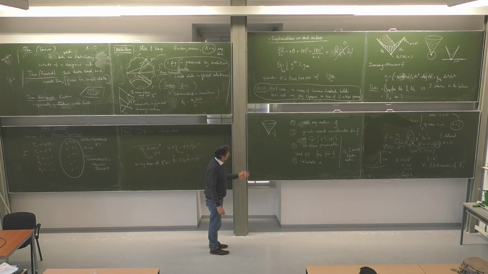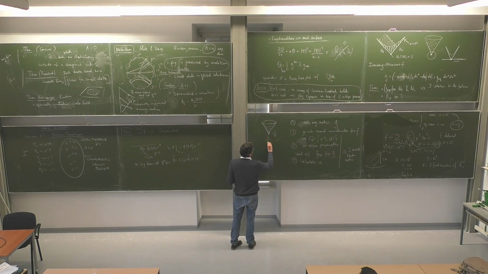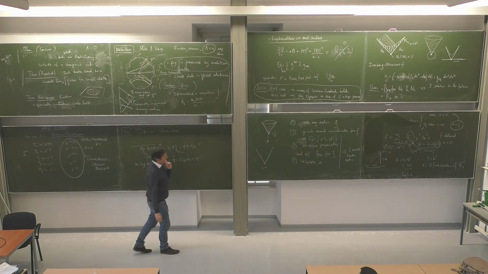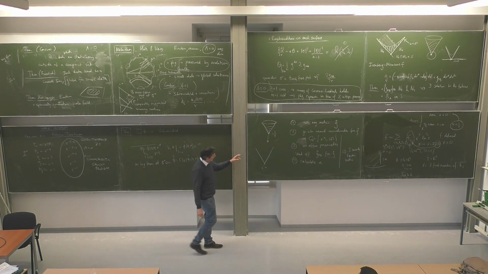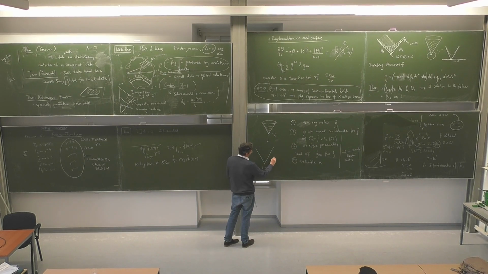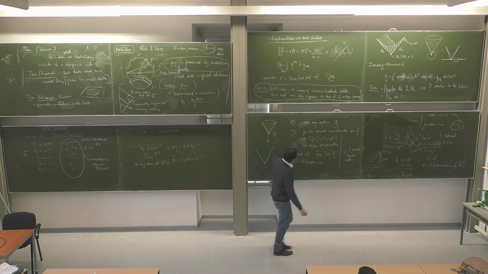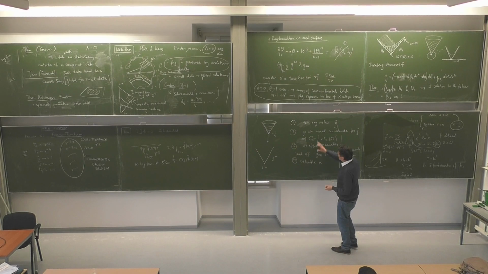Now, interesting solutions can be obtained if you move this point to I minus. So the question is, can you give initial data on scri minus viewed as a light cone of I minus? Can you get a solution of the equations out of this? And the answer is yes. But the procedure for finding the data is slightly different.